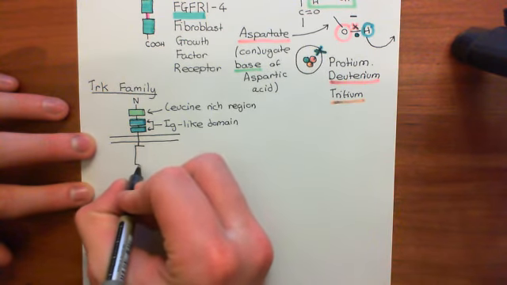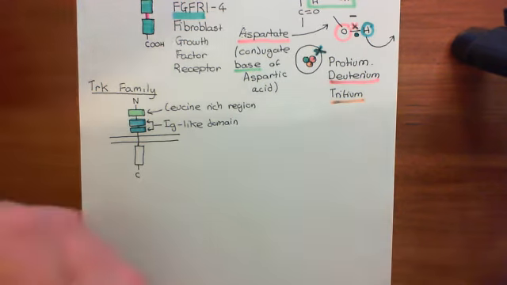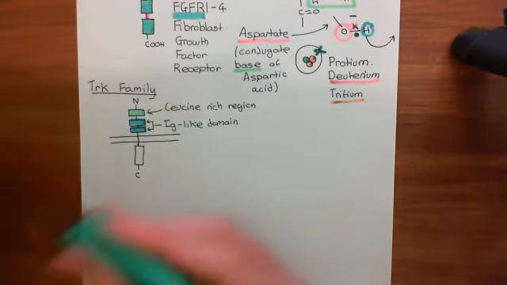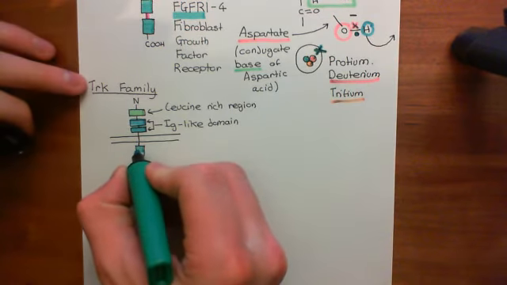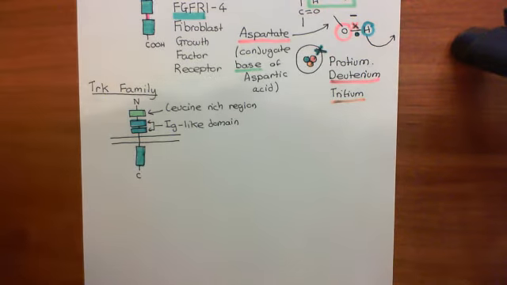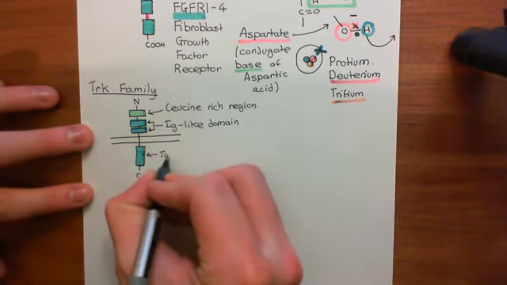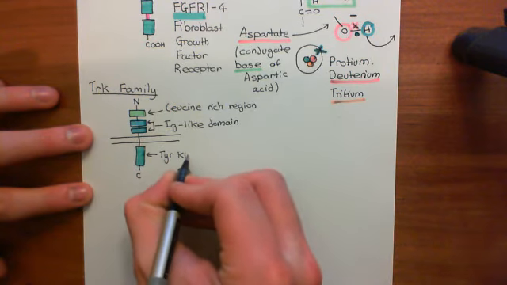In the case of the TRK receptors, the tyrosine kinase domain is whole and intact. So it's one large stretch of the primary structure that makes up the tyrosine kinase domain here in turquoise. So this is our tyrosine kinase domain.